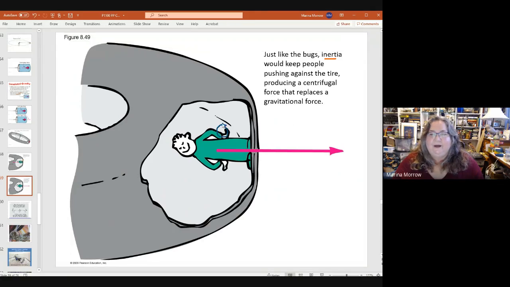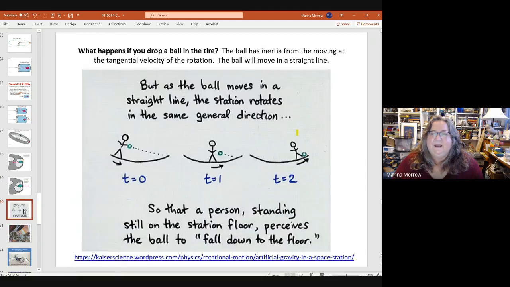if you dropped a ball out of your hand, it should fall at your feet. How does that work? Well, the idea is that if you were dropping a ball out of your hand, it would have velocity as you let go because it was spinning with you. So it would have a straight line velocity, a tangential velocity. And so it would have that inertia. And so then it would be moving in a straight line, but you are being forced to go in a curved line.